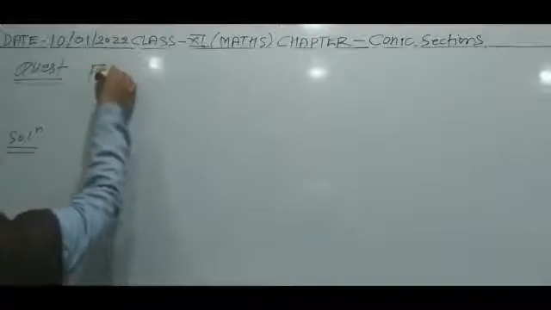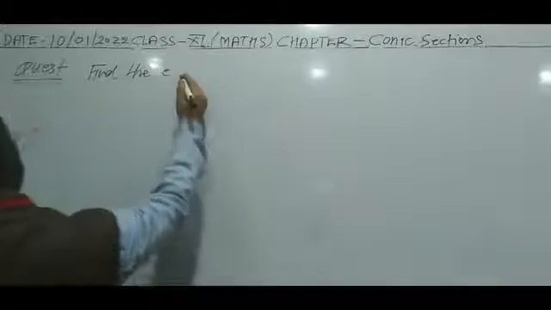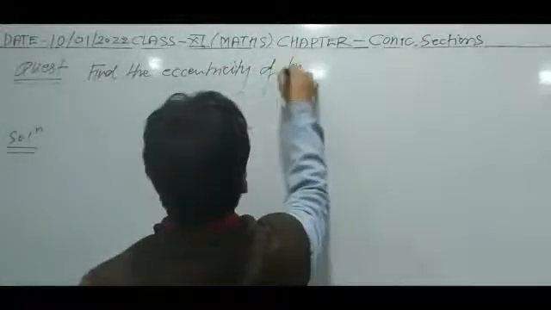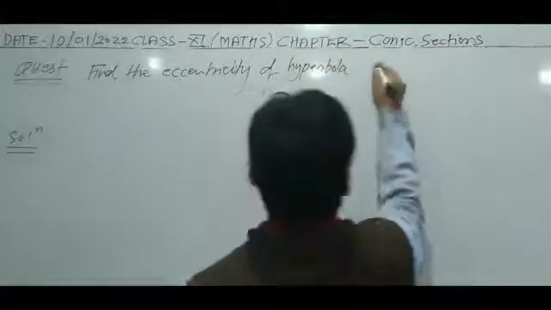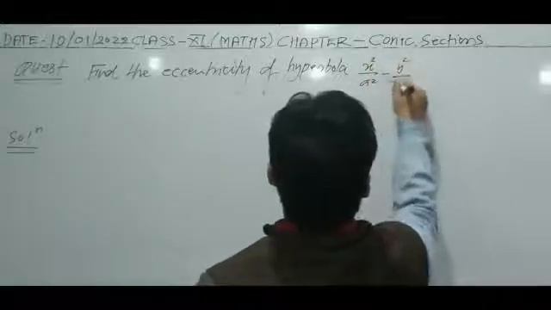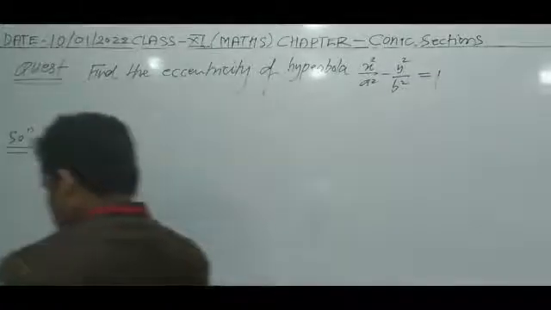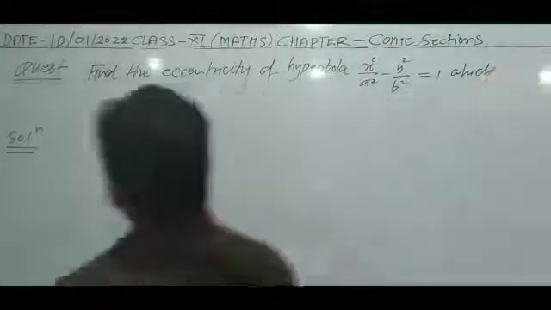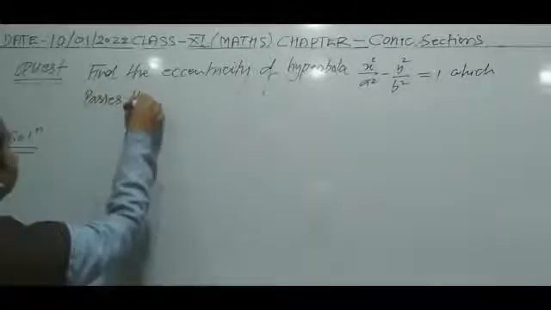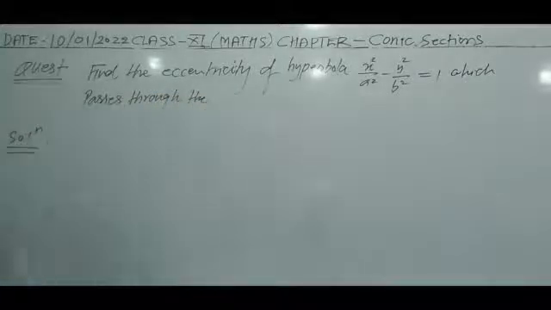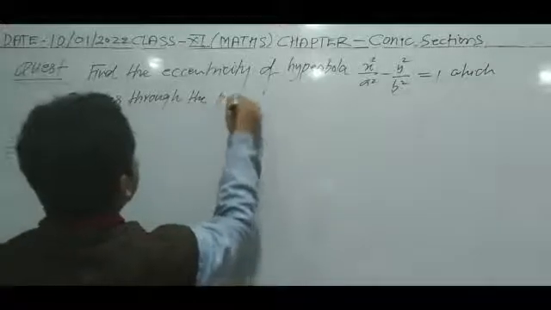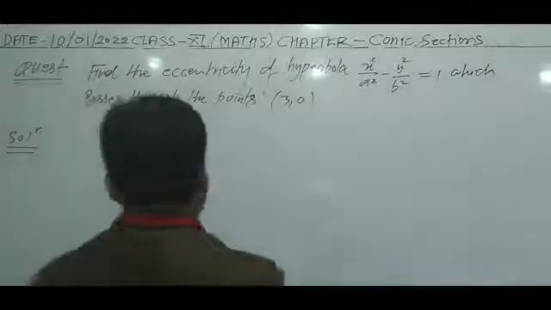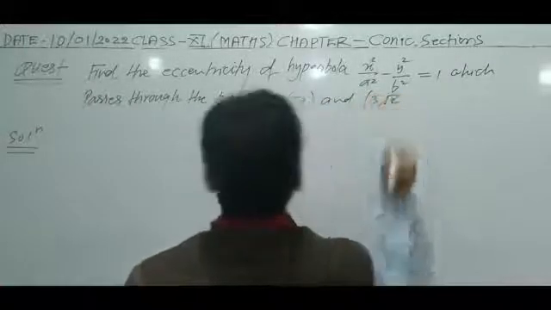Find the eccentricity of hyperbola x square upon a square minus y square upon b square is equal to 1, which passes through the points 3, 0 and 3 root 2, 2.